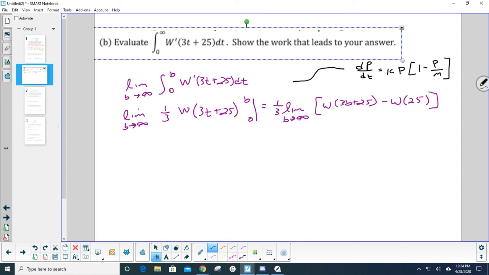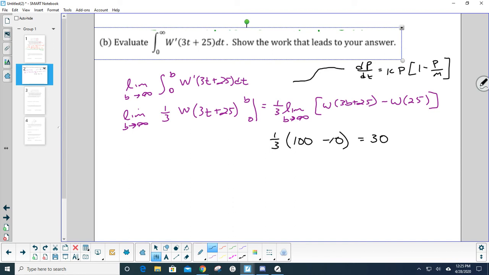So I can come in here and say 1/3 times the limit as b goes to infinity. The highest this is ever going to get is 100 minus your 10. Now, it wants us to evaluate this, so I'm going to finish this up. I'm going to get a 30.